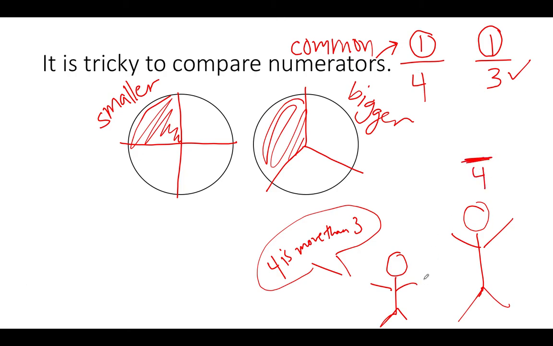This line over it means it was cut into 4 pieces or cut into 3 pieces. It's like you had to share your cake with 4 people or share your cake with 3. And I know your teacher has taught you to ask yourself, would I rather share my cake with 4 people, cut it into 4 pieces, or share it with 3 people, cut it into 3? We would rather share with 3 people, right? So a 4th is less than 1/3.